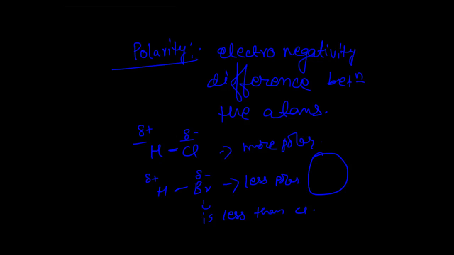And one thing you need to know throughout your A-level chemistry is that the electronegativity difference between H and carbon is almost zero. We consider it to be zero. So hydrogen and carbon have the same electronegativity, so the difference between the electronegativity is zero.